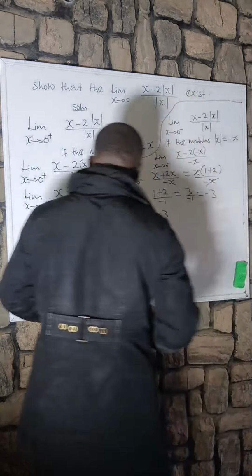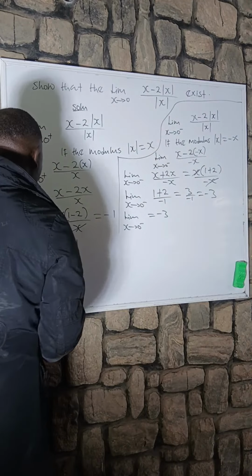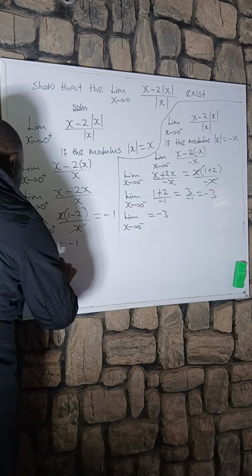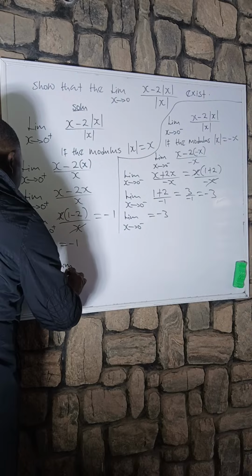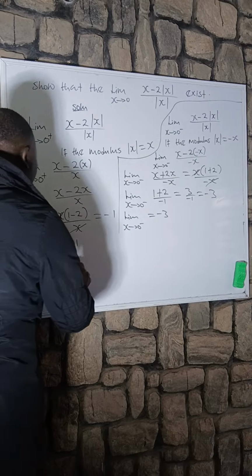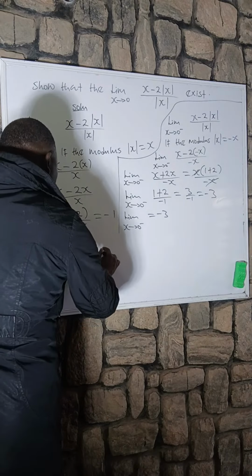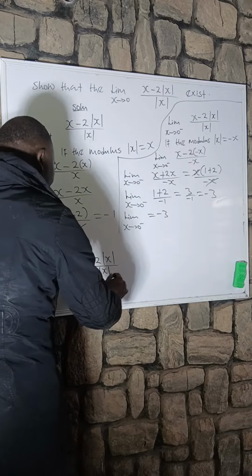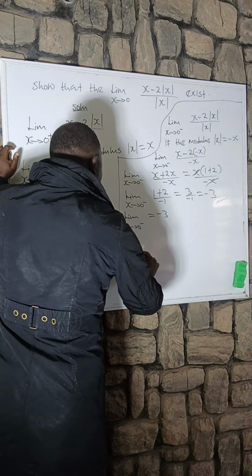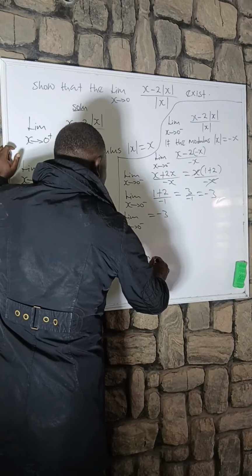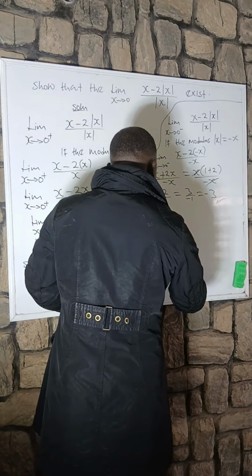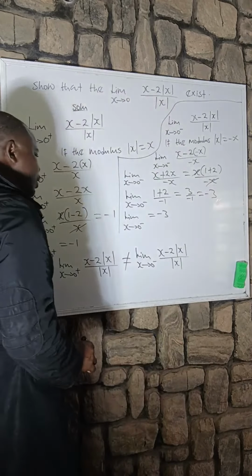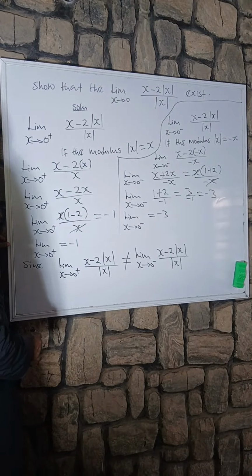So therefore, you conclude by saying, since the limit as x tends to 0 plus of x minus 2 mod x all over mod x does not equal the limit as x tends to 0 minus of x minus 2 mod x all over mod x, you conclude by saying, therefore, the limit does not exist.